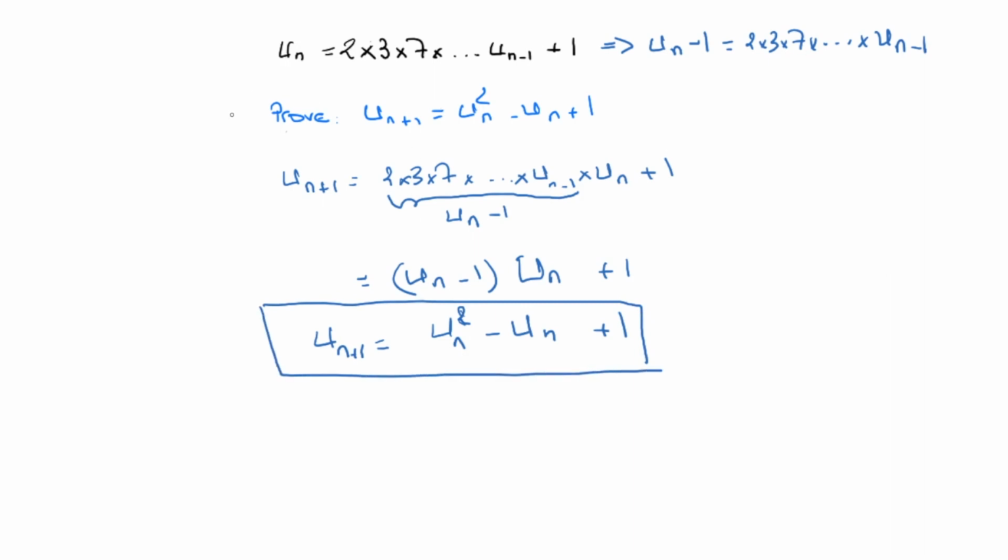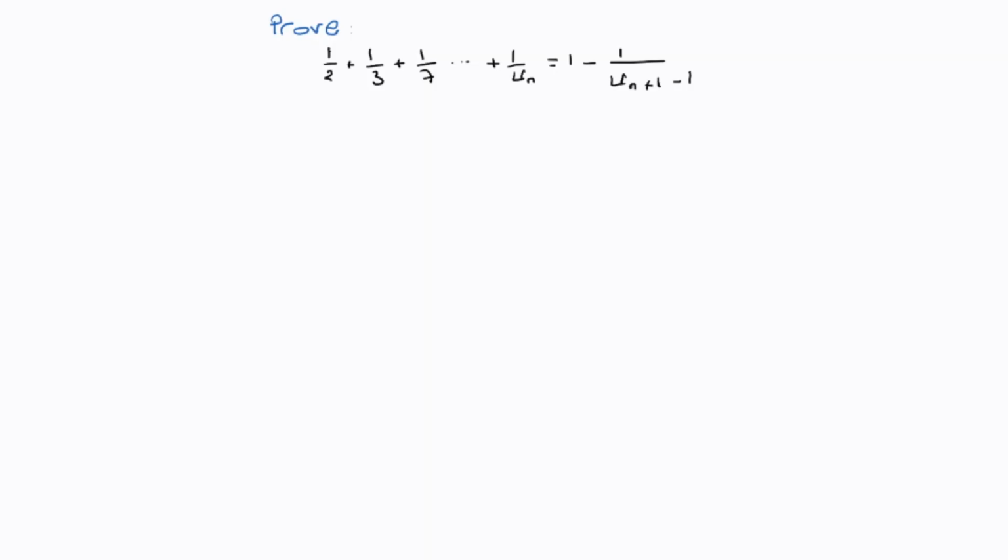So the second problem is to prove the generalization that we have 1 divided by 2 plus 1 divided by 3 plus 1 divided by 7, etc. until 1 divided by UN equal 1 minus 1 divided by U(n plus 1) minus 1. So here we should prove it by recurrence. So we have for n equal 1, U1 equal 2, right?